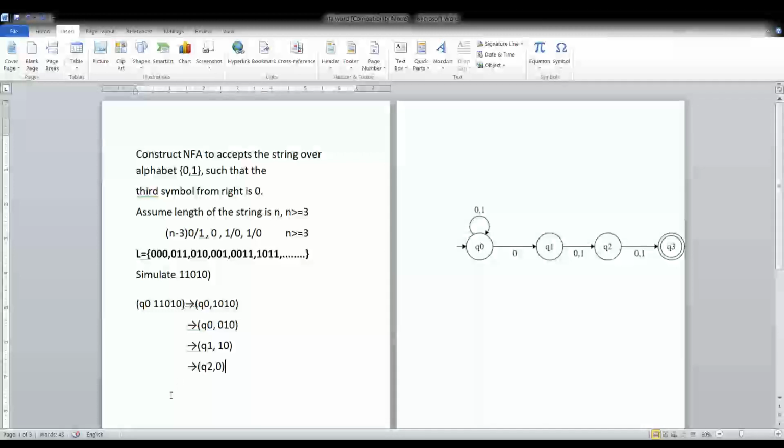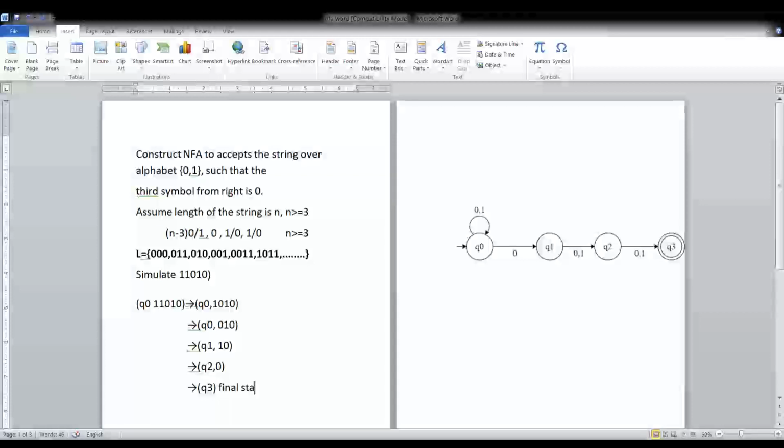Now we have the last transition, from state Q2 on input symbol 0, where it goes to Q3. Now you can see the string is completed and the machine is in state Q3, which is a final state, right?